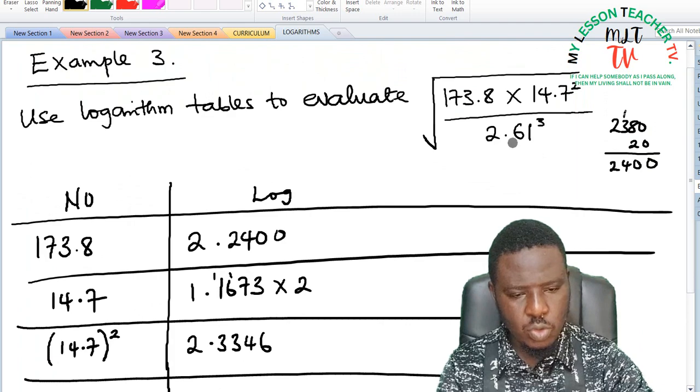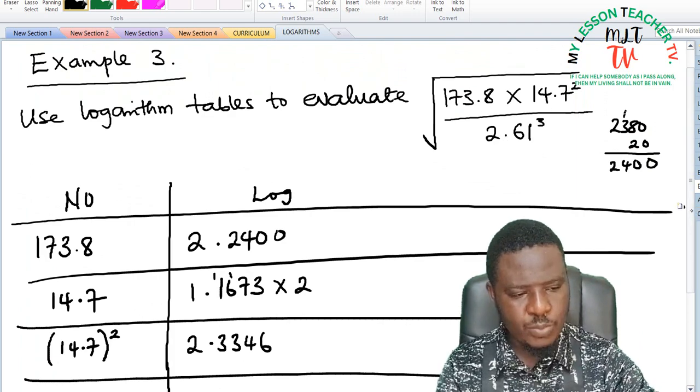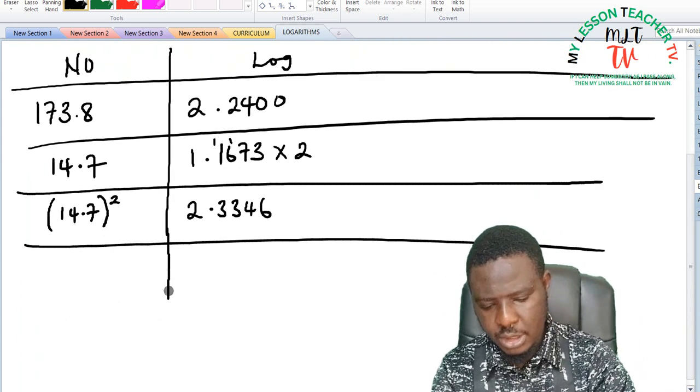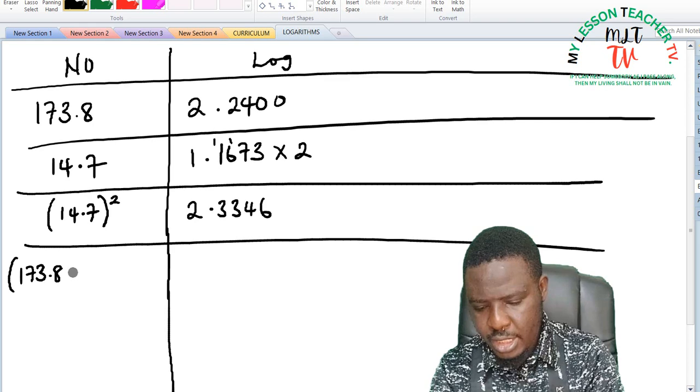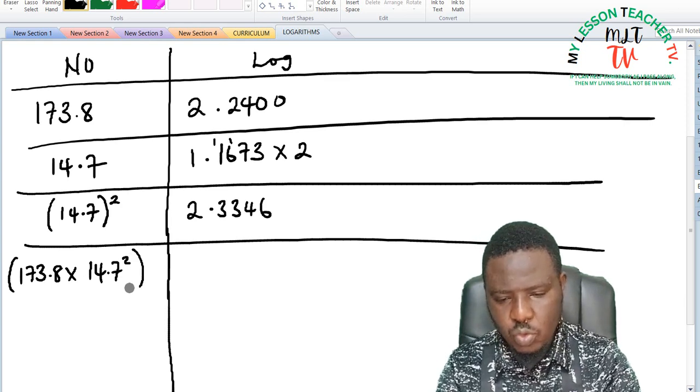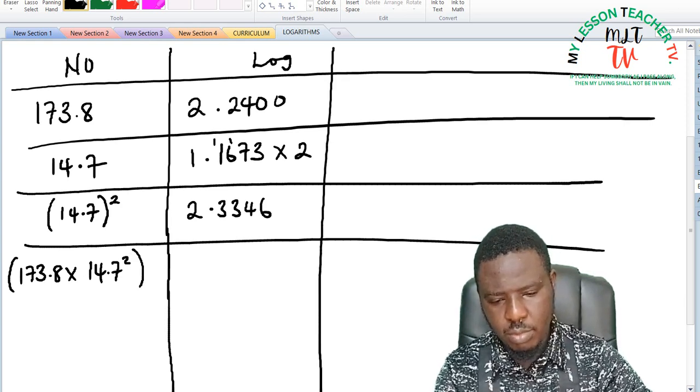Next is to multiply the numerator, that is 173.8 times 14.7 squared, which is equal to the sum.